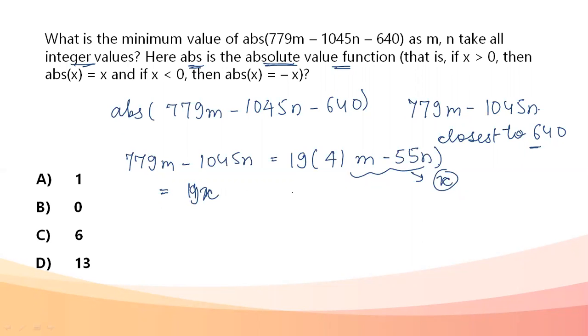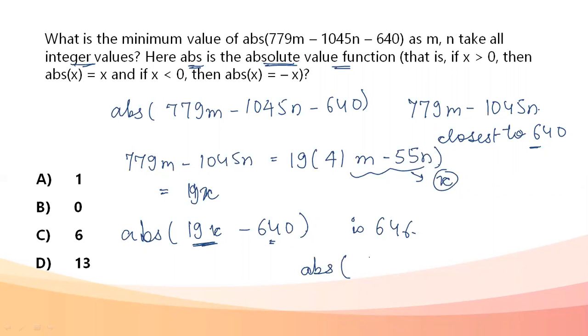So what I have to find out is the absolute value of 19x minus 640. The multiple of 19 that is closest to 640 is 646. So what I need now is the absolute value of 646 minus 640, which comes out to be 6. It is my answer. My answer is option C.